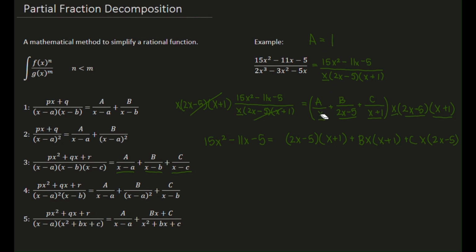Now let's solve for the other variables, and let's let x equal negative 1. You can probably already start to see that's going to make the b cancel out, allowing us to solve for c.